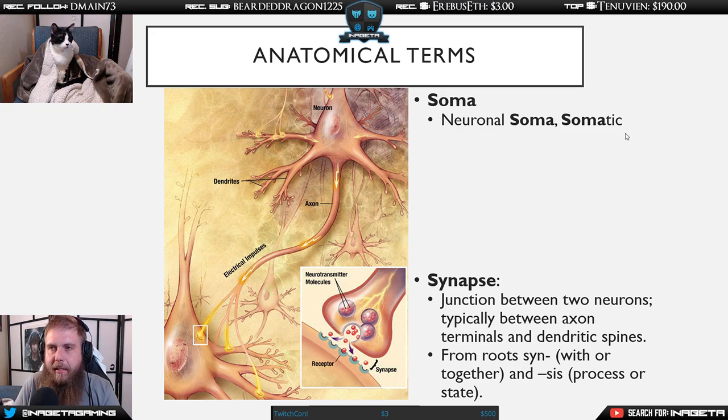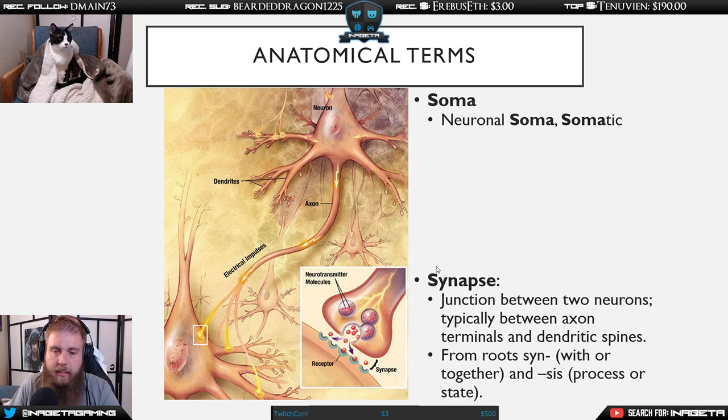But also if we're talking about something that's somatic, we're referring to something of our body, like a somatic complaint. In medical terminology that would be somebody complaining about something going on with their body, right? Versus a mental or psychological complaint. So somatic refers to the physical body itself. That's got that word root, soma.